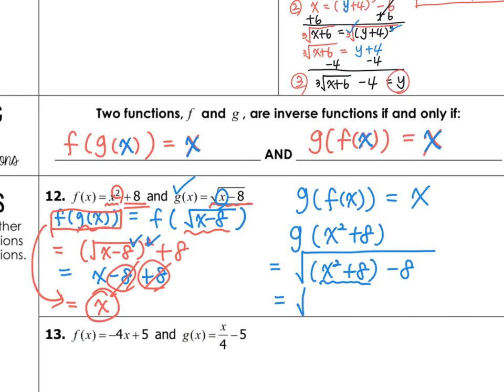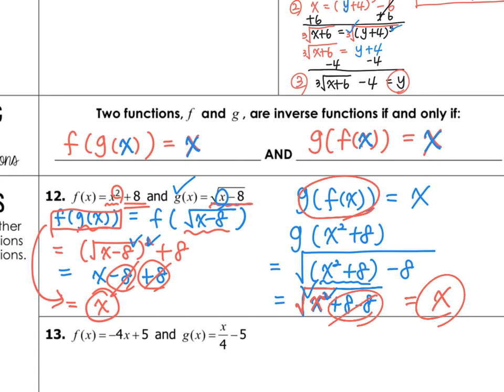Next step, I'm just rewriting again: x squared plus 8 minus 8. So what happened with the plus 8 minus 8? That will cancel. So I have the square root of x squared, and then the square root and the square cancel each other. My answer will come out as x. So g of f of x is equal to x. We proved both come out as x. So yes, f of x and g of x are inverses of each other.